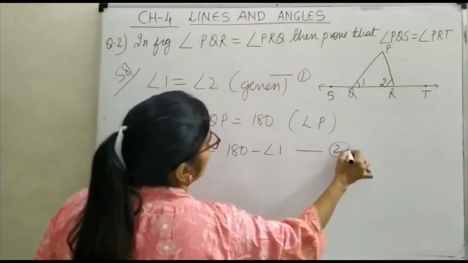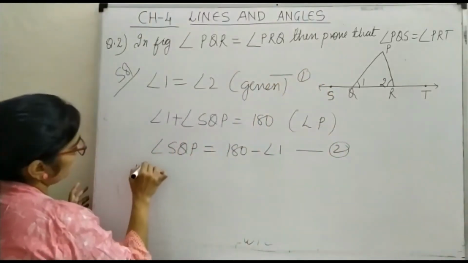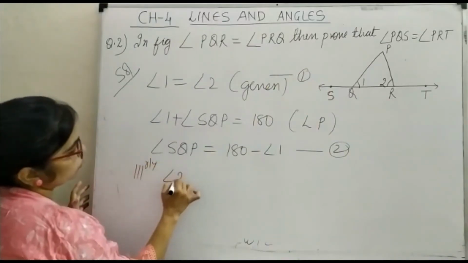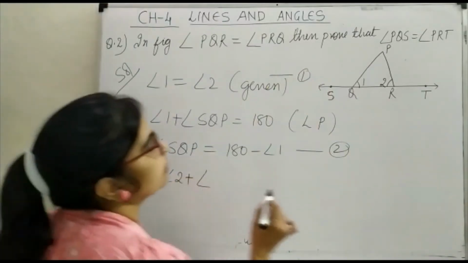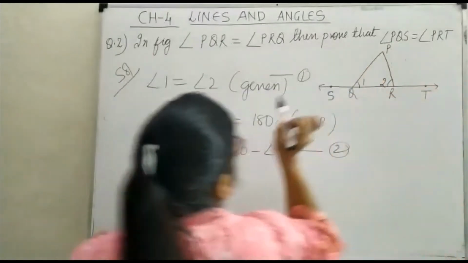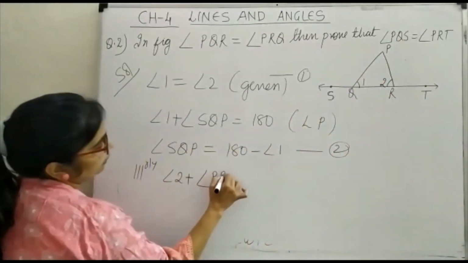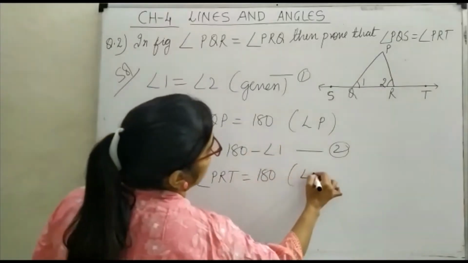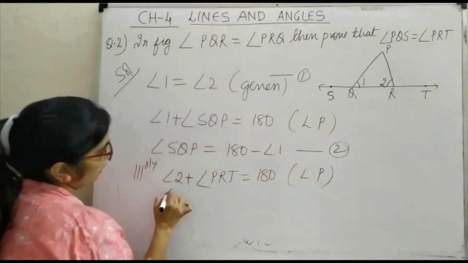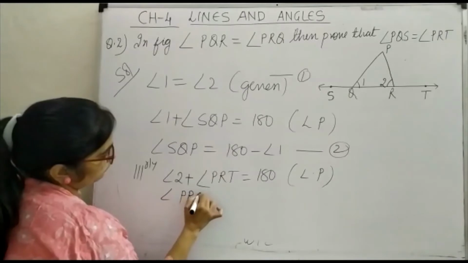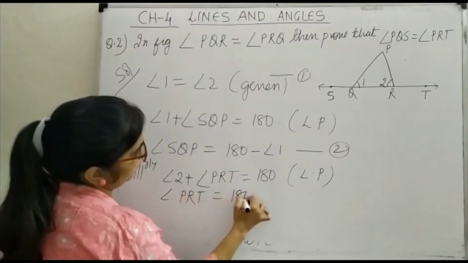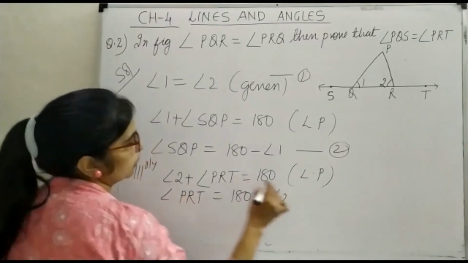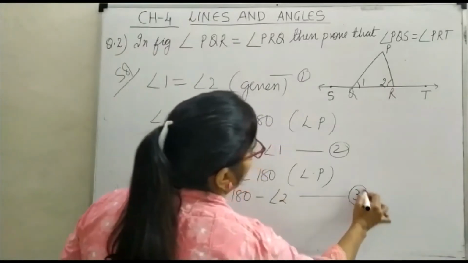Similarly, angle 2 plus angle PRT is equal to 180. That is again linear pair. Angle PRT is equal to 180 minus angle 2. This can be given as equation number 3.